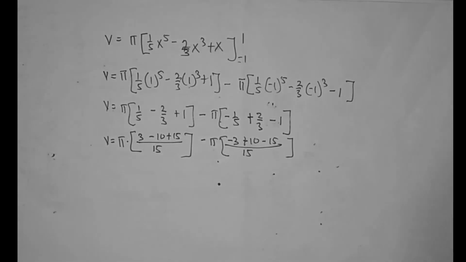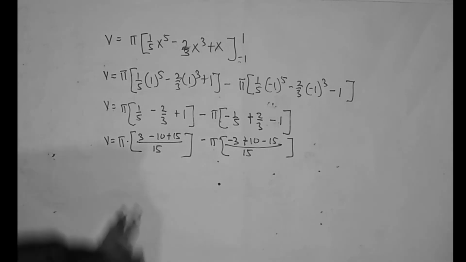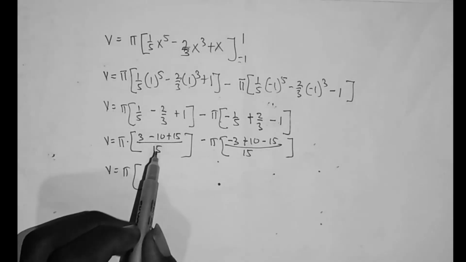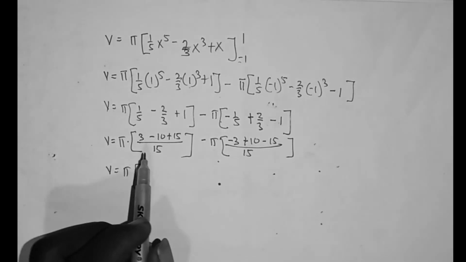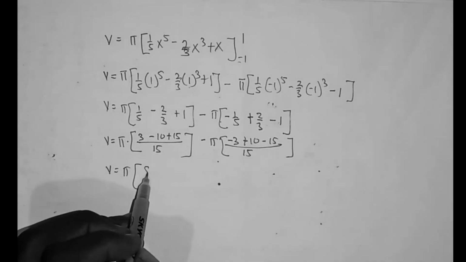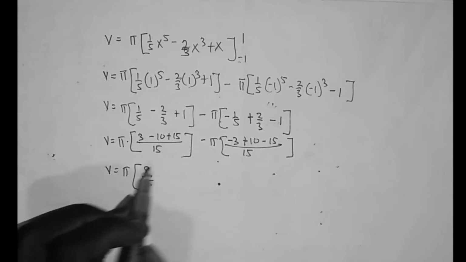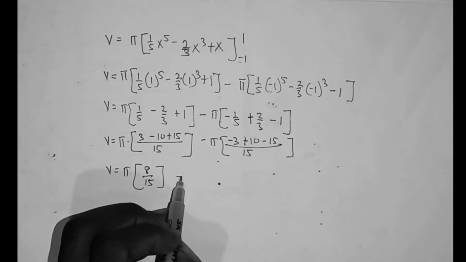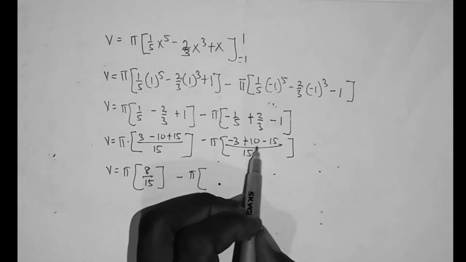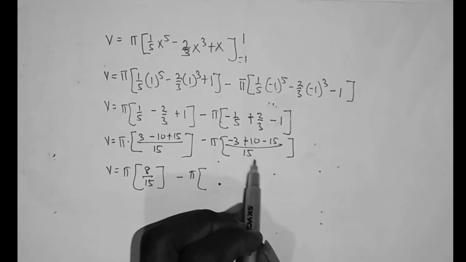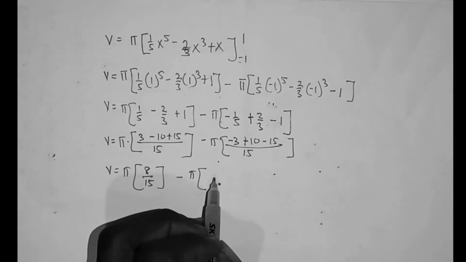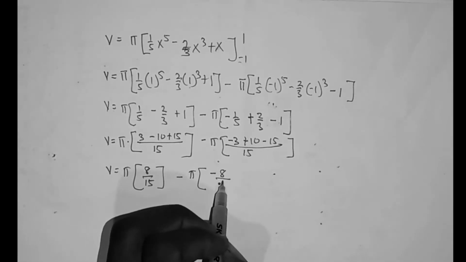So V equals pi, then times minus 10 plus 15 is 5, 3 plus 5 is 8. So here's 8 over 15. Then minus pi, 10 minus 15 is minus 5, minus 5 minus 3 minus 5 is minus 8 over 15.